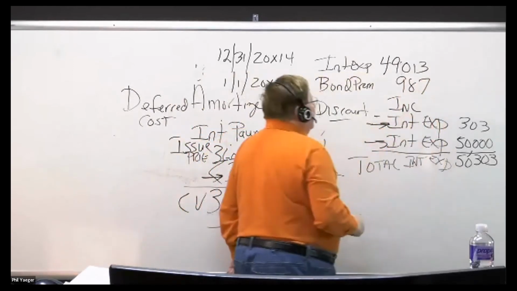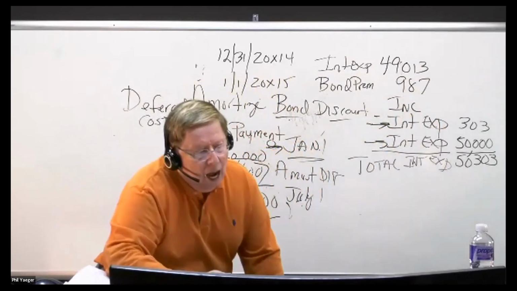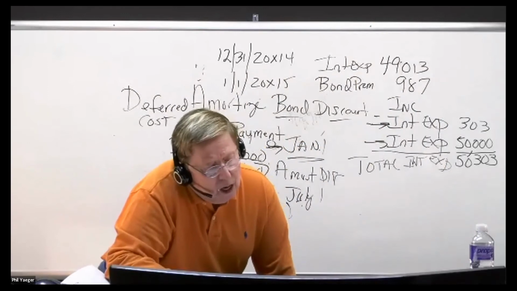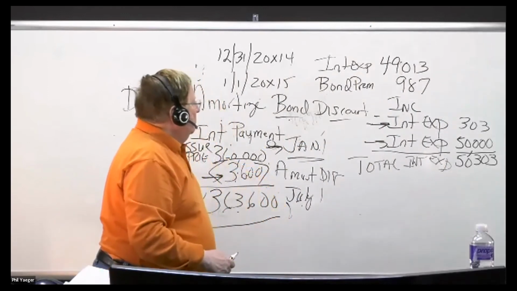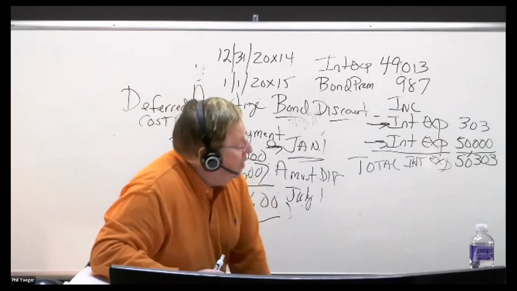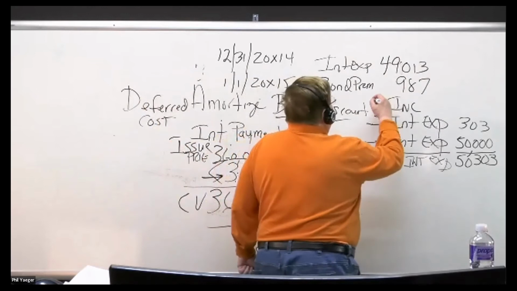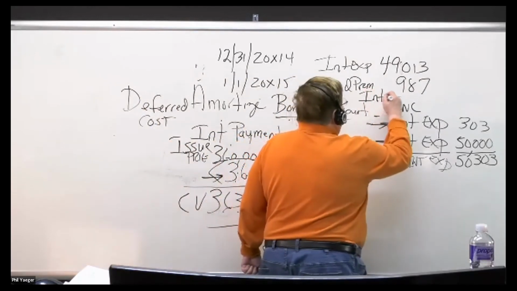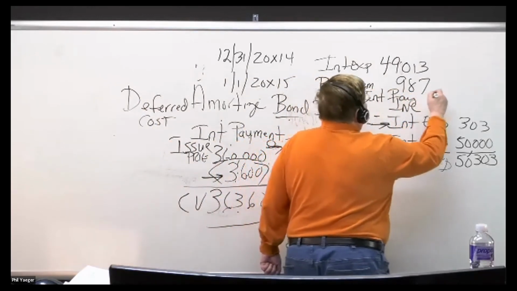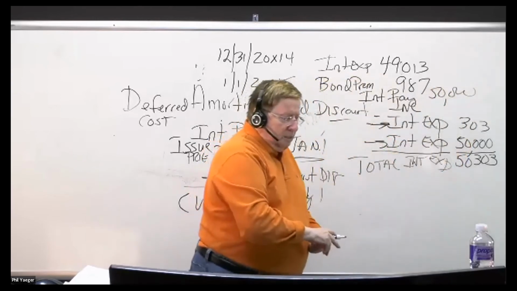And then on that date, I will owe interest of how much? 50,000. So I'll credit interest payable of 50,000, right? Correct. All right, let me erase this.